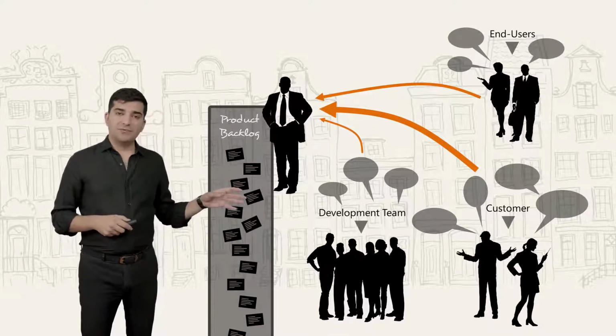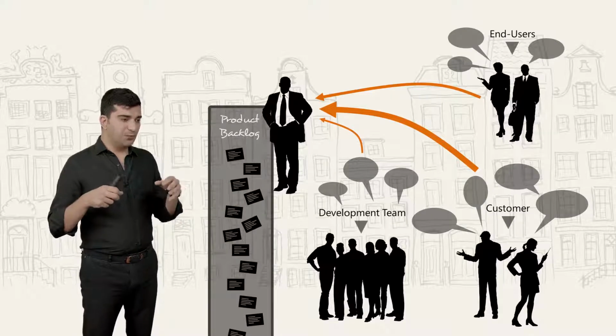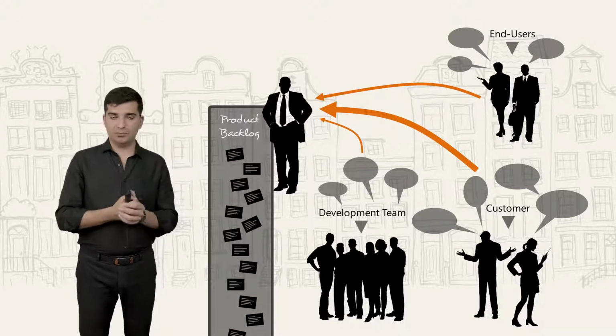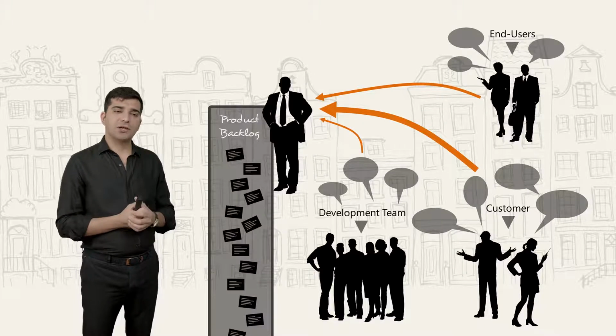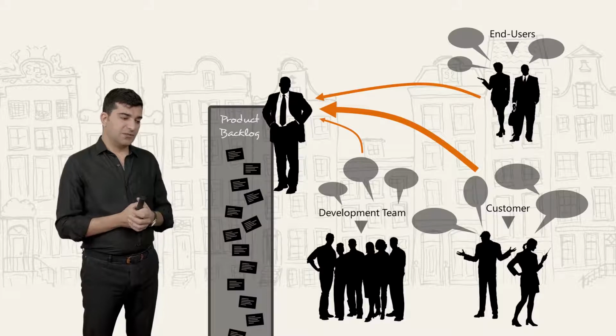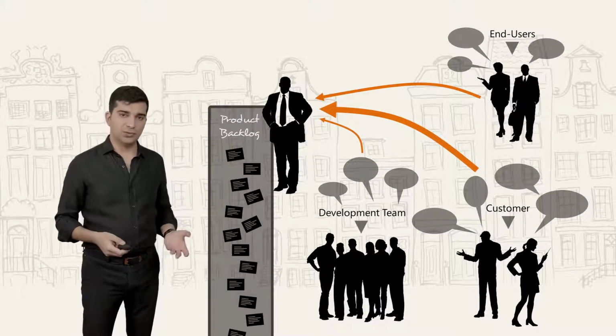The other thing that we need to do, remember maximizing value, is to know which features are the most important things for the product. Most of the features that we have in pieces of software are not so useful. Most of them are never used.